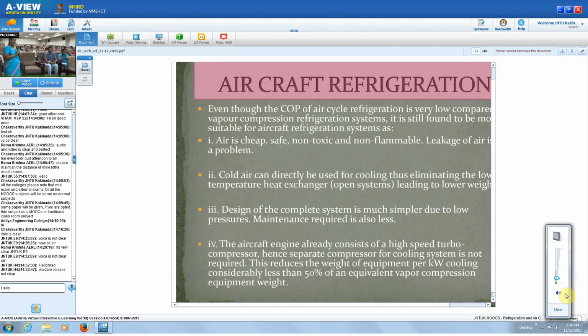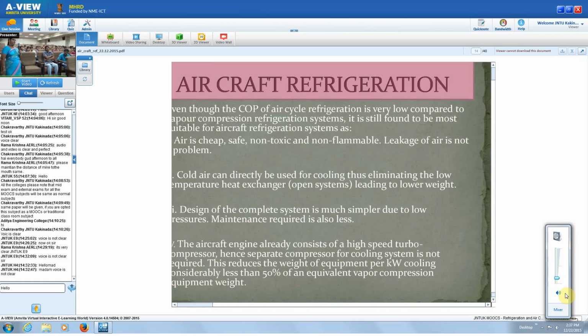Even though there is leakage, it does not affect. And the cold air can be directly used for cooling, thus eliminating the low temperature heat exchanger. Mainly this is for the open system. And the design of the complete system is much simpler due to low pressure, so maintenance cost is also less.